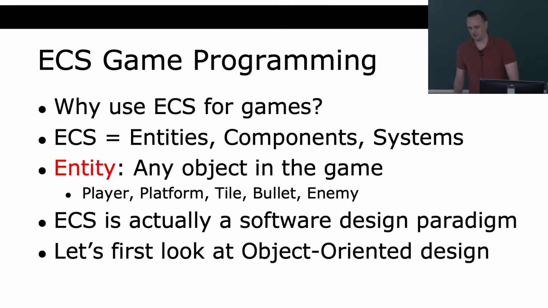But in order to really understand why we want to use ECS, I'm going to first take a look at object-oriented design. And so you've probably heard about object-oriented programming, right? So object-oriented programming typically involves you have classes and polymorphism, right? So that's the main thing about object-oriented programming, is that some objects can inherit from other objects.